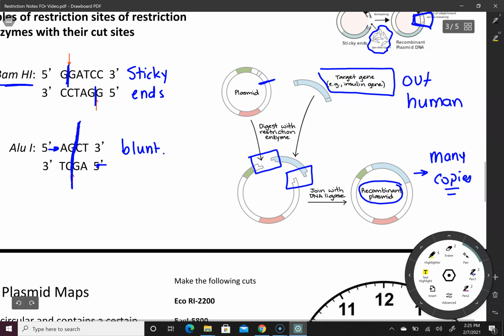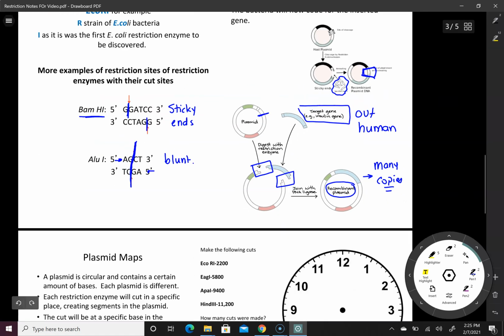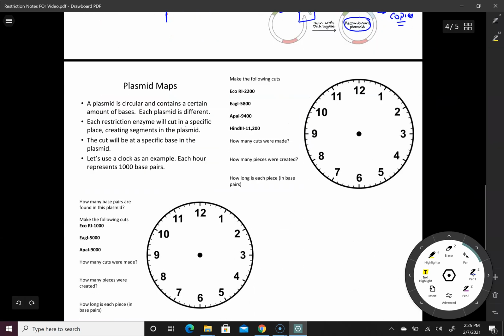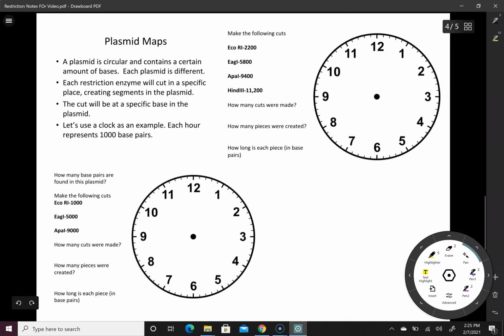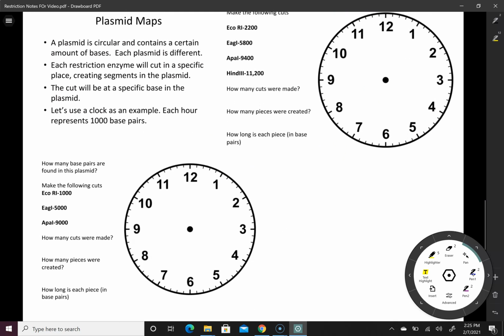Now, what are we going to do with that here? So that's an easy piece of knowledge, and okay, you cut it out, you put it in. But if you want to quantify that, and you want to put some numbers to that, you're going to do these things called a plasmid map. And the best way to model a plasmid map is by using a clock.